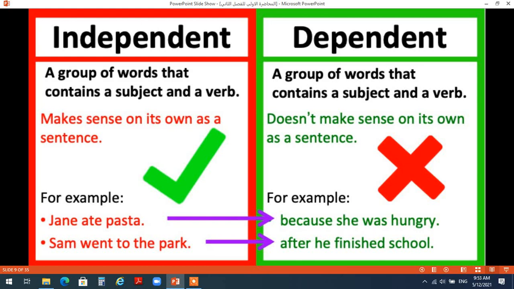Or when you say after he finished school لازم يكون قبلها clause يبين لنا for example what did he do after he finished school. فراح يكون معنى الجملة غير مكتمل ولا أستطيع أن أستخدم dependent clause كجملة مستقلة أو جملة قائمة بحد ذاتها. So this is the difference between the independent and the dependent clause.